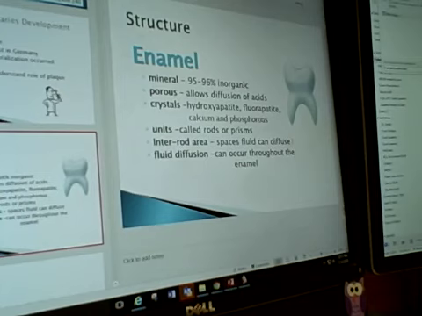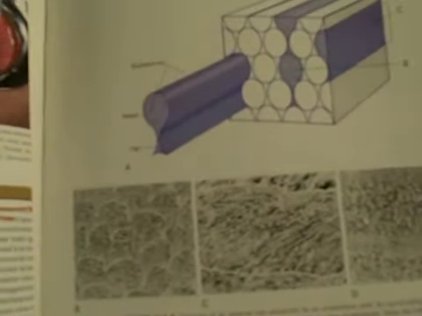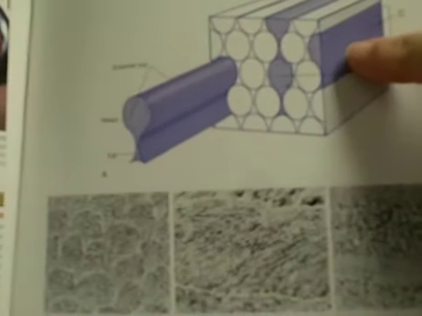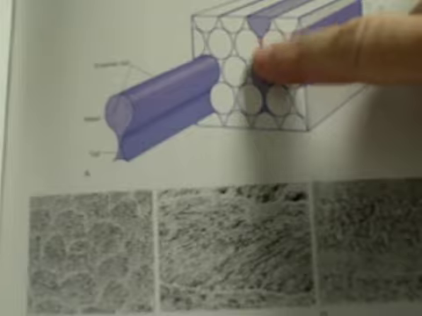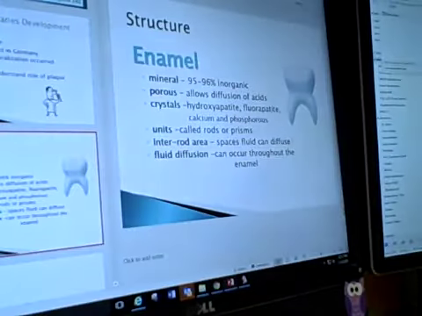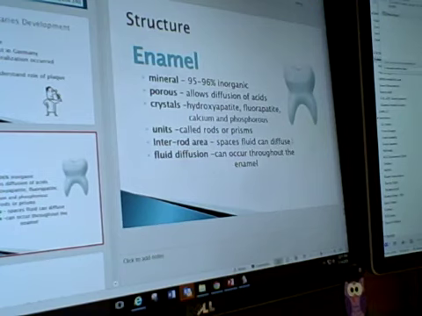There are units in the enamel that are called rods and prisms. And I'm going to put a picture in front of here. This is primitive, I know, but here's a picture of the enamel rods, how they're stacked. There's spaces between those rods, and there's prisms within those rods. And fluid can diffuse into those inner rod spaces, and in and out, throughout the enamel.